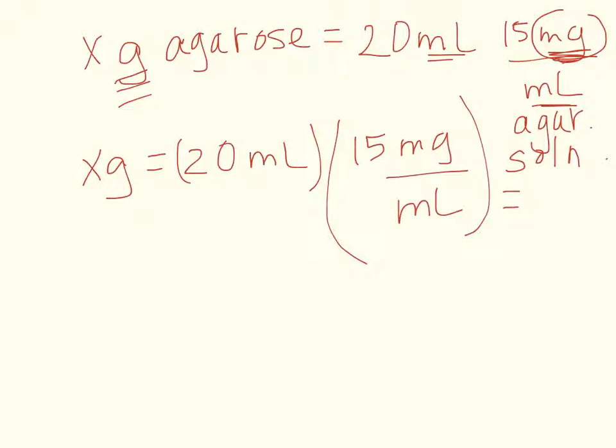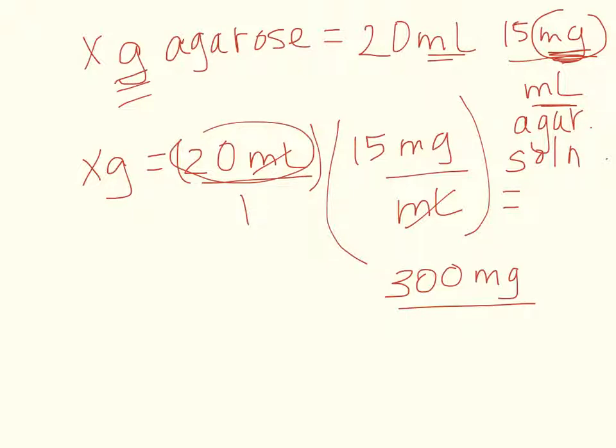I can cancel these out. So 20 times 15 is going to be 300 milligrams. So you'd weigh out 300 milligrams and add 20 milliliters of solution to it.